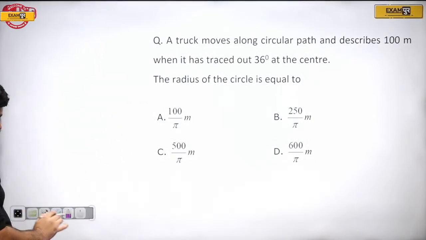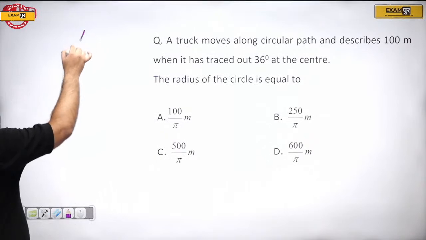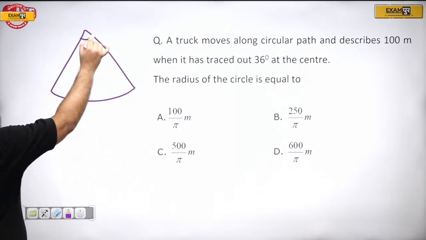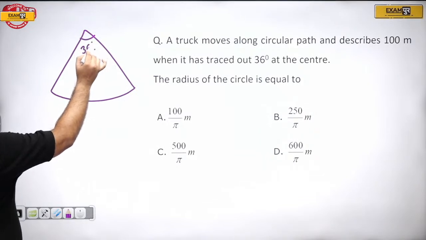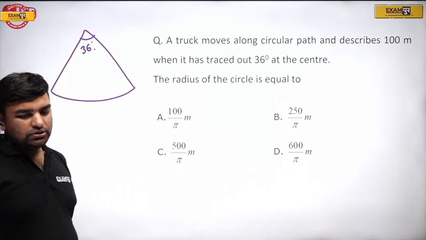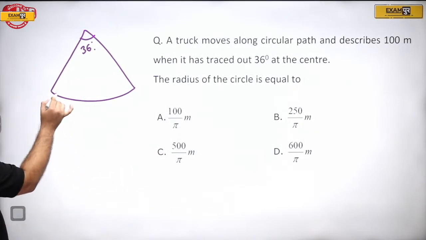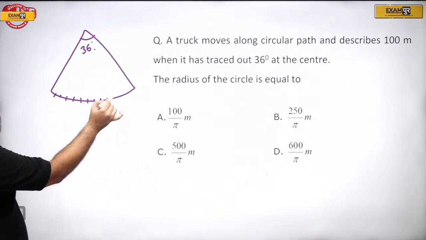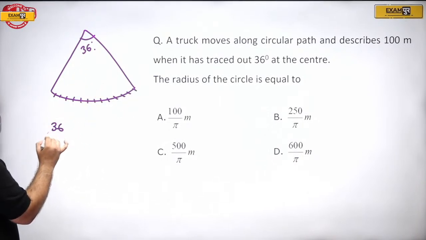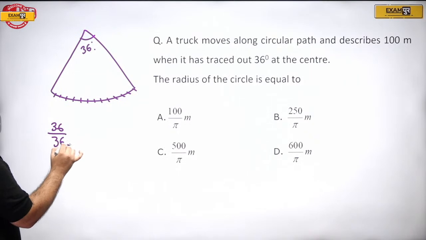Thank you very much, Ram. If you will ask, I will derive it as well. Derivation is a small thing for us. So this distance is given as 100 meter. What is this distance? This is 36 upon 360 into 2 pi r.